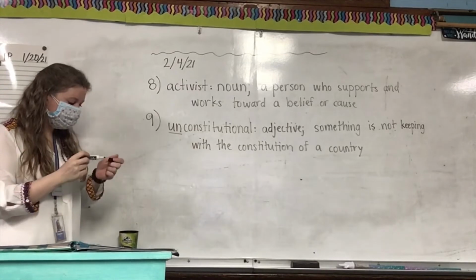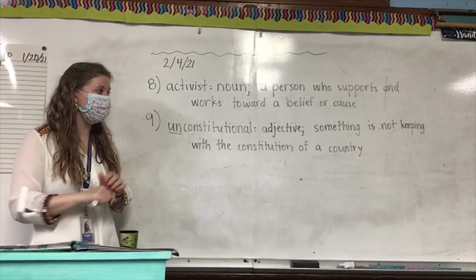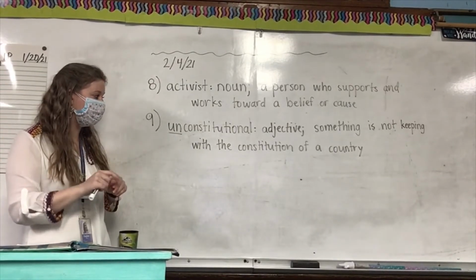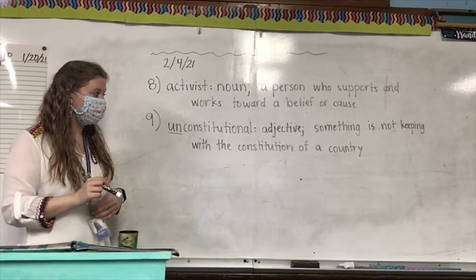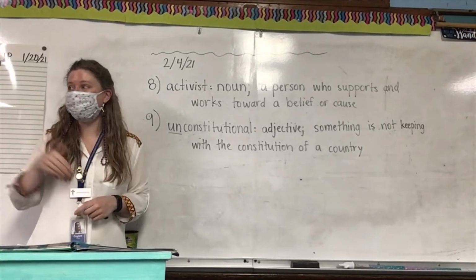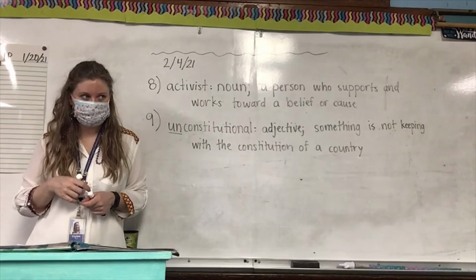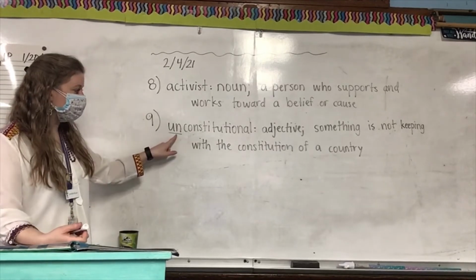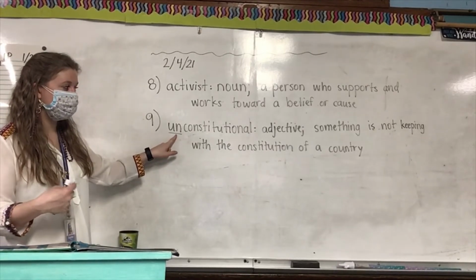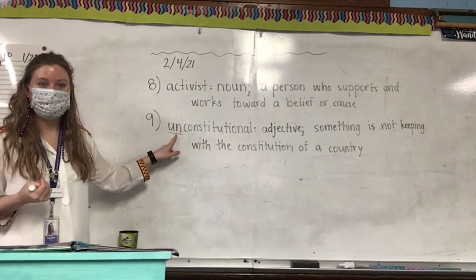So unconstitutional is an adjective that means something is not keeping with the Constitution of a country. That means it goes against the Constitution. So we know that something that is unconstitutional does not keep with the Constitution. It doesn't go with it.